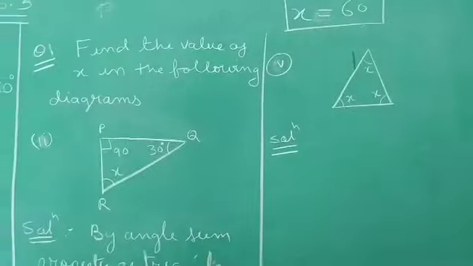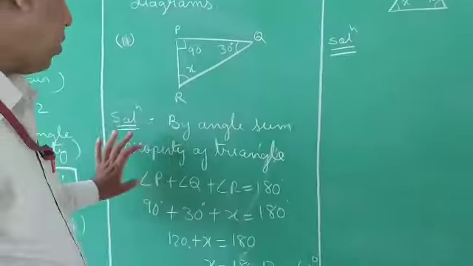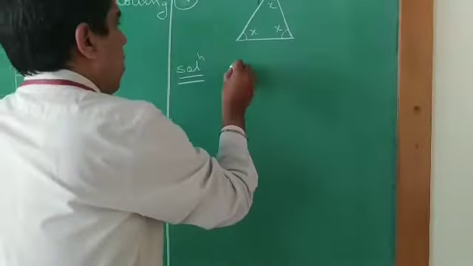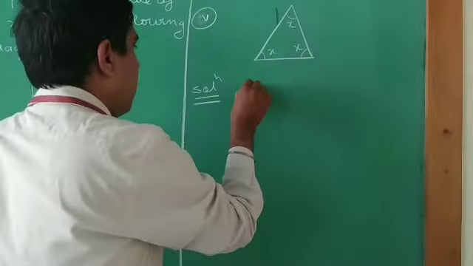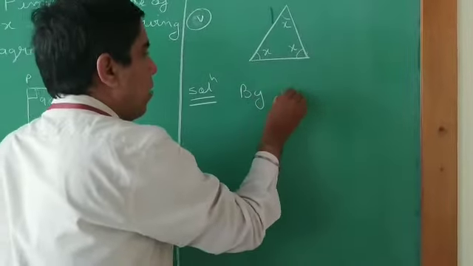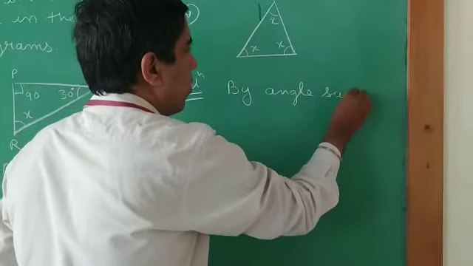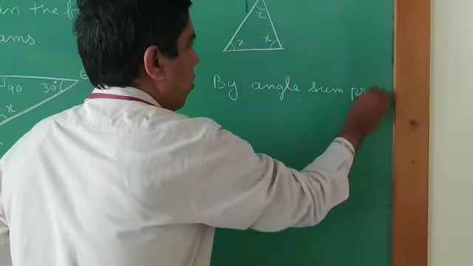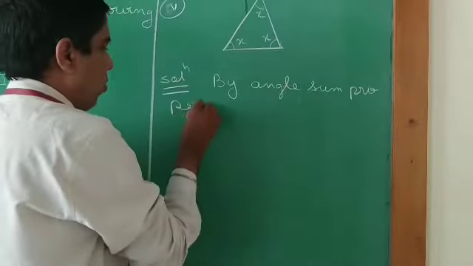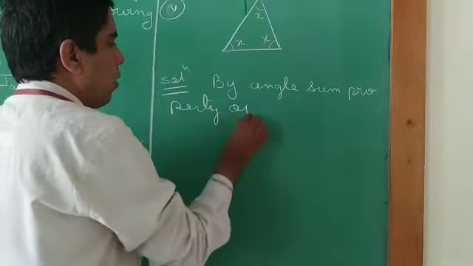Now, the same property I am going to use here. What will we write here? By the angle sum property of a triangle.